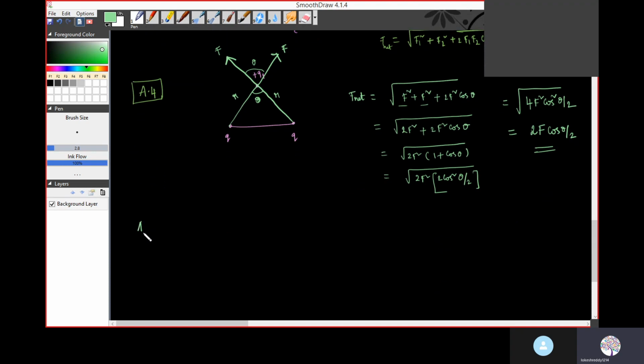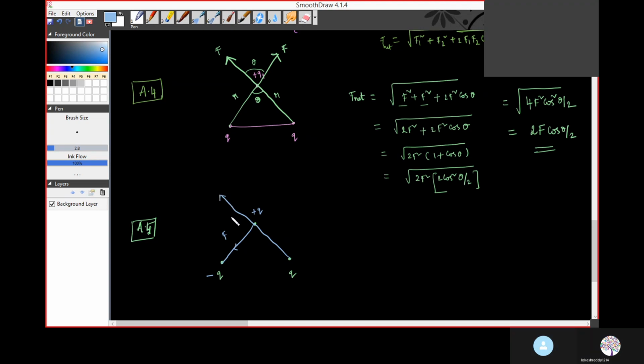So application 4, 5. Sometimes if you get like this, same thing, Q, Q. Here what I'll do is this, I will do it as minus Q. This is plus Q. Then here this Q will attract in this direction. This force is F. This will repel in this direction.